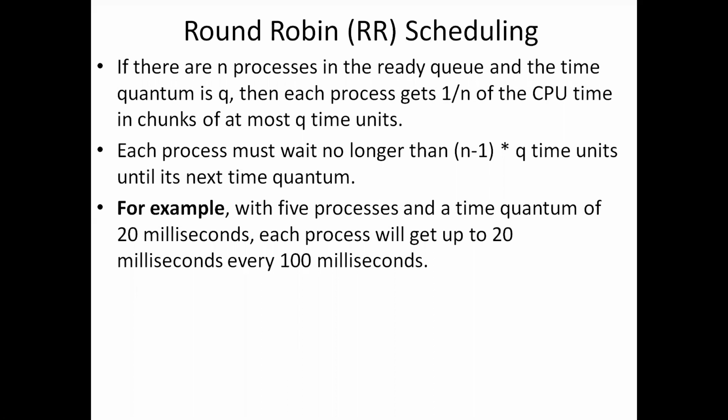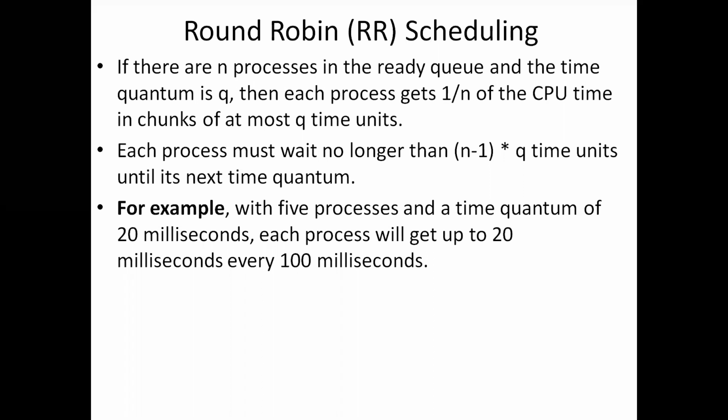Understood this round robin scheduling? The processes in the ready queue will be in first in first out fashion. Each process will get the CPU for the defined time quantum.